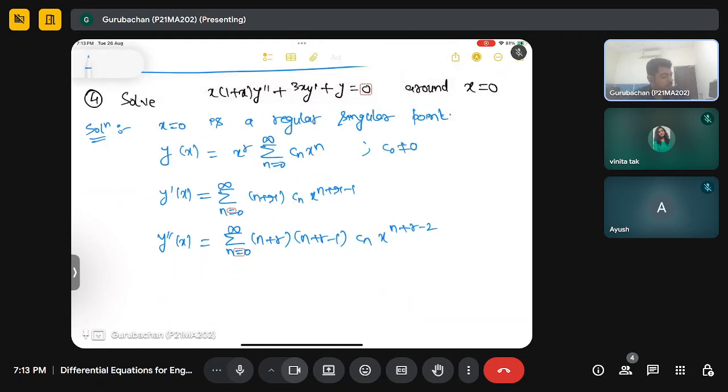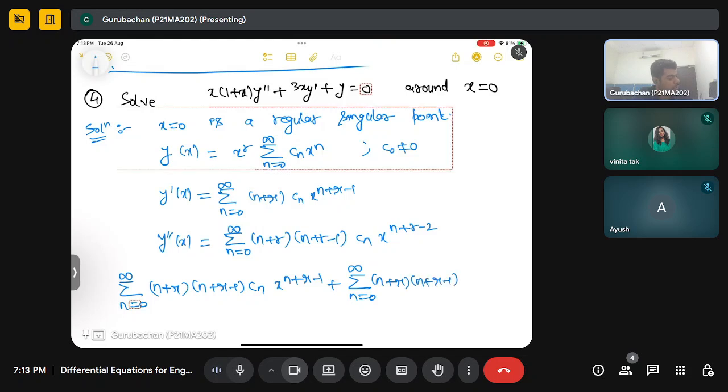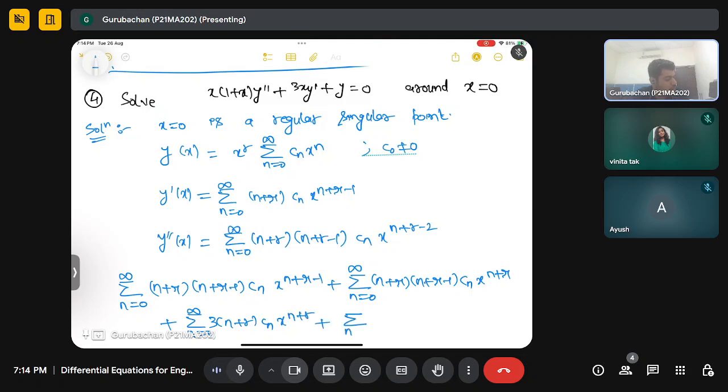So if you put these values in the given differential equation, you will get, I'm solving it in an indirect manner, the summation from n equal to 0 to infinity of n plus r into n plus r minus 1 cn x to the power n plus r minus 1, plus the summation of n plus r into n plus r minus 1 cn x to the power n plus r, plus the summation of 3 times n plus r cn x to the power n plus r, plus the summation of cn x to the power n plus r equal to 0.